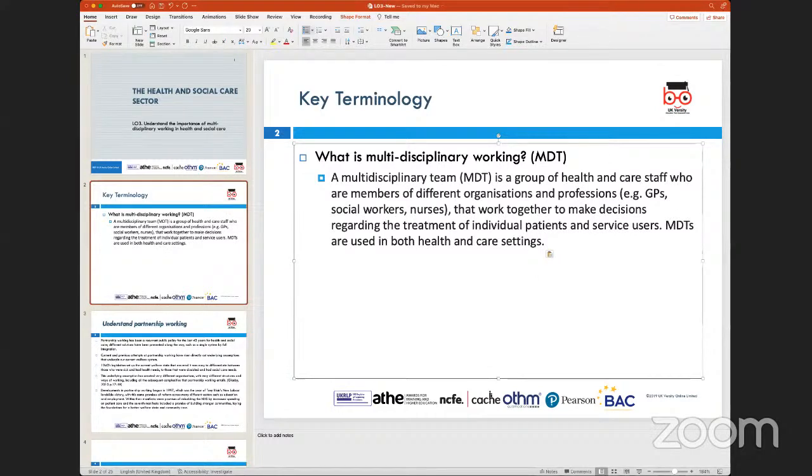Now, when we say multidisciplinary team and we talk about multidisciplinary working, what does this constitute? If I say multidisciplinary team working, that means people from different backgrounds, different expertise, different levels of decision making and authority, people having access to different resources and communication mediums, come together to offer services to a group of patients, a patient, or service users.